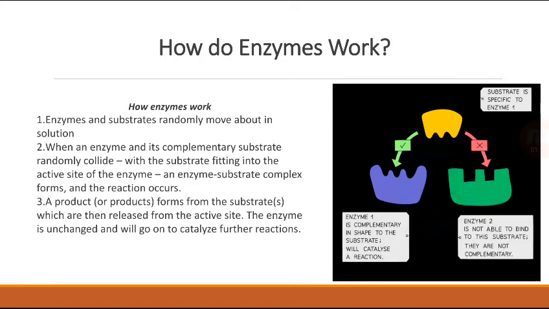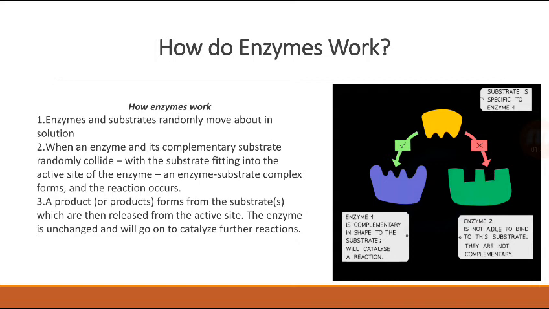Then how do enzymes work? The enzymes have a specific substrate, and they can only combine with a specific substrate. When they combine with that substrate, a reaction takes place and the substrate changes into a product, and the enzyme remains as it is. It cannot bind to all the substrates. It has a specificity.